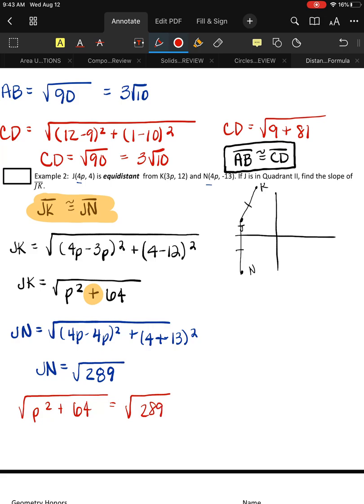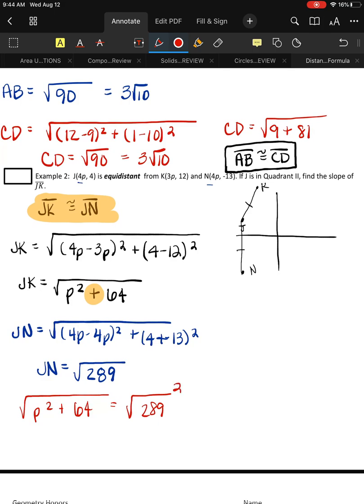And to solve an equation with square roots in it, we're going to square both sides. And we're going to get an equation now that is p squared plus 64 equals 289. And we're going to solve for p.